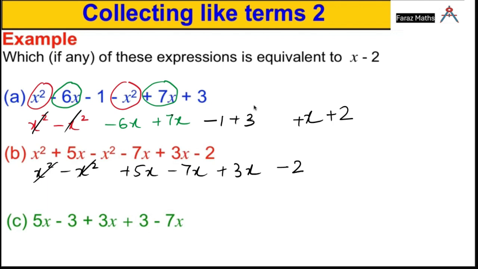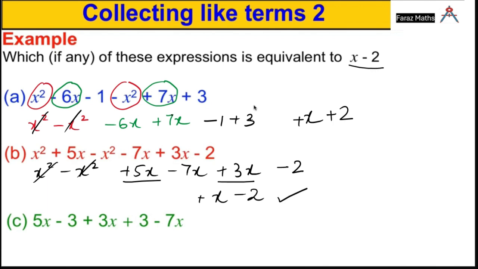Plus 5x minus 7x: we have to add the positive ones first, so 5, 6, 7, 8x. 8x minus 7x is plus x or plus 1x, and then plus x minus 2. So there's no need to solve the third one, as we found which of these expressions is equivalent to x minus 2. So this is the second one.